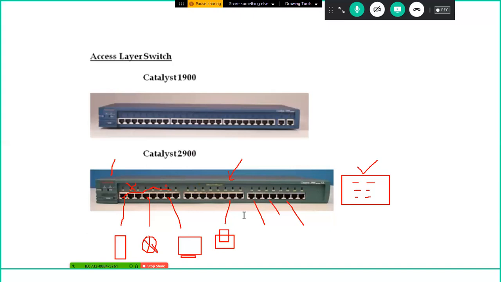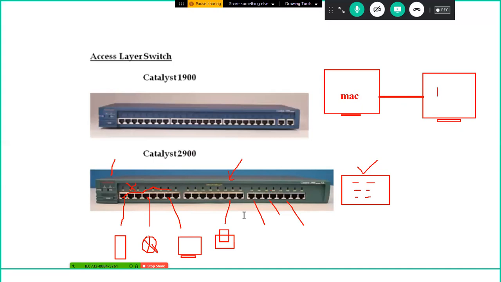But remember, we never use the MAC address for communication. One computer is not communicating with another computer according to MAC address. I can explain with a simple example: if you have two laptops in your home and you want to make a network, you have to connect a cable. Just connecting a cable to the machines, you cannot call that a network, even though by default this computer has a MAC address and this computer also has a MAC address.